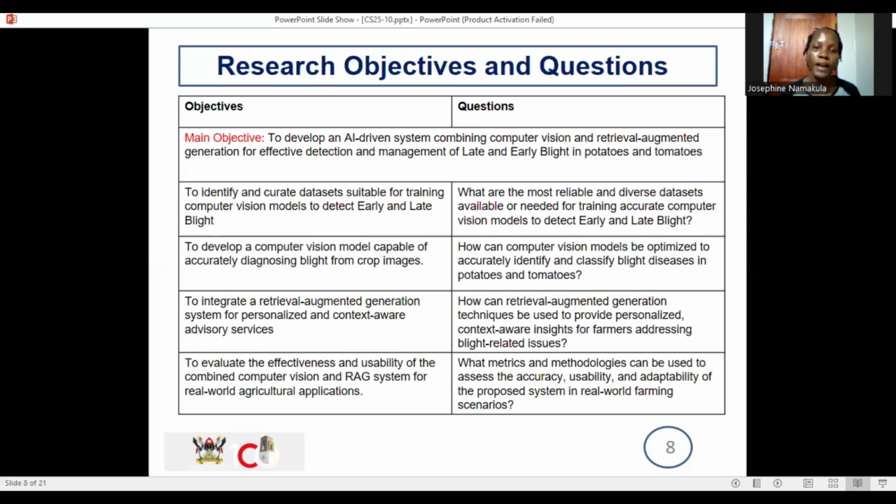Our other research objectives were to identify and create datasets suitable for training computer vision models to detect early and late blight, to develop a computer vision model capable of accurately diagnosing blight from crop images, to integrate a retrieval augmented generation system for personalized, context-aware advisory services, and to evaluate the effectiveness and usability of the combined computer vision and RAG system for real-world agriculture applications.